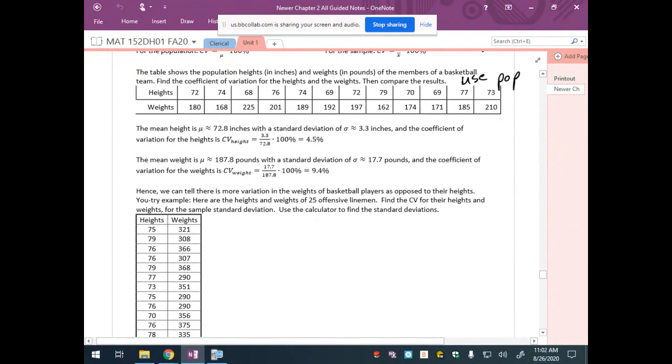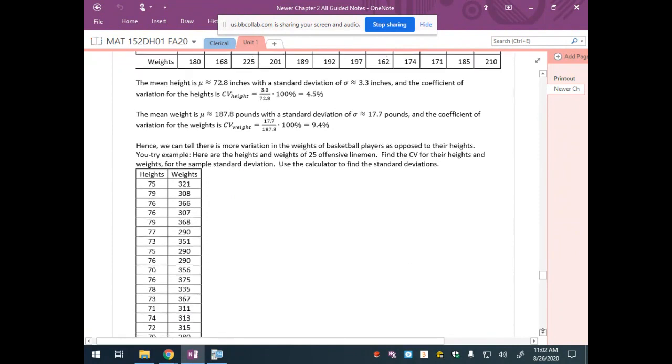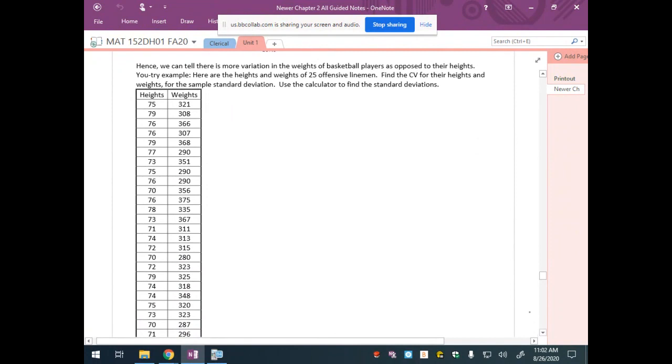So we're going to try this example here. Here are the heights and weights of 25 offensive linemen. We're going to find the coefficient of variation here. Obviously, we're going to be using the calculator to figure some of this stuff out. Notice, am I wanting to use sample or population?